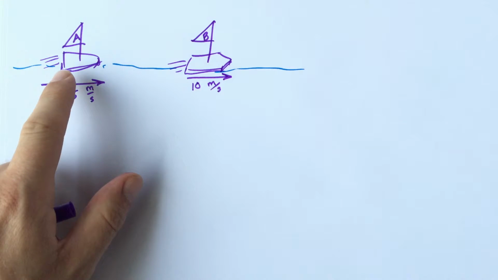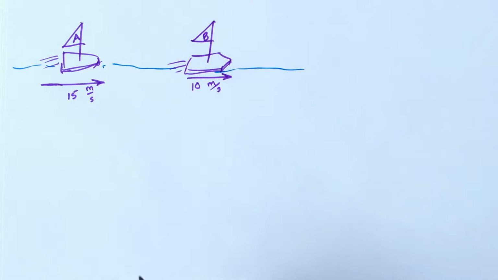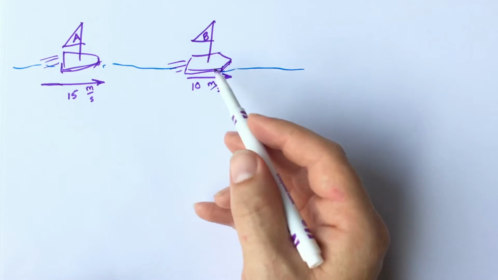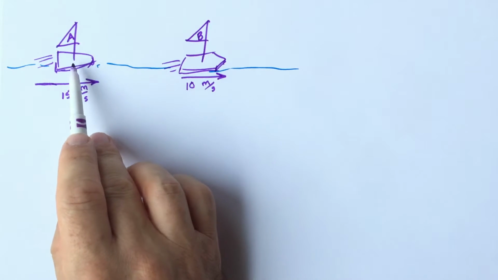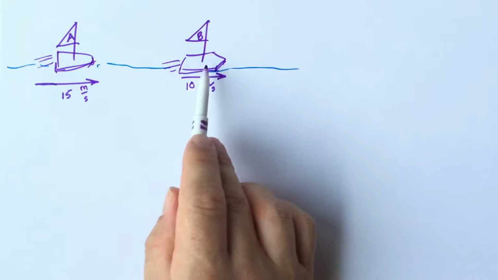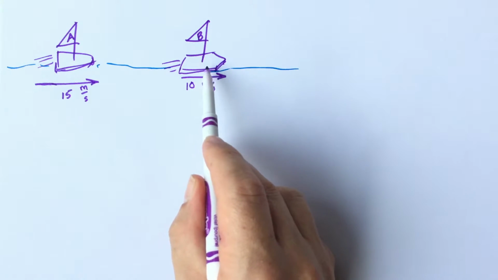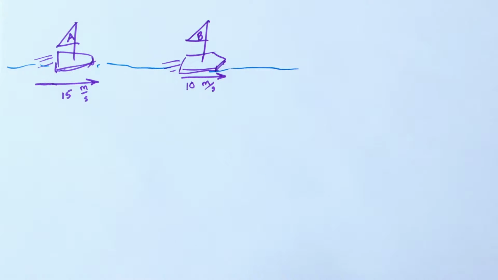If you were inside sailboat A, it would look like you were moving towards sailboat B, which would have the appearance that sailboat B was moving towards you, right? So if you said, what is sailboat B doing? You would say, they look to be moving towards us at 5 meters per second. And sailboat B would have the same idea. It would say, well, they look to be moving towards us at 5 meters per second.